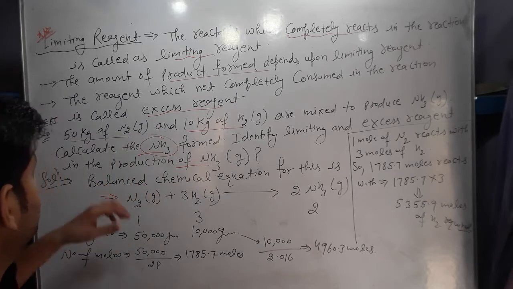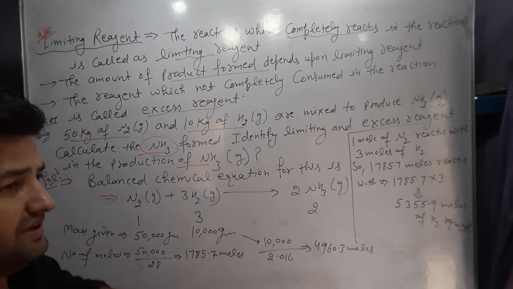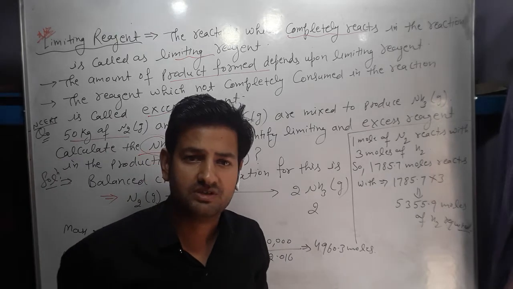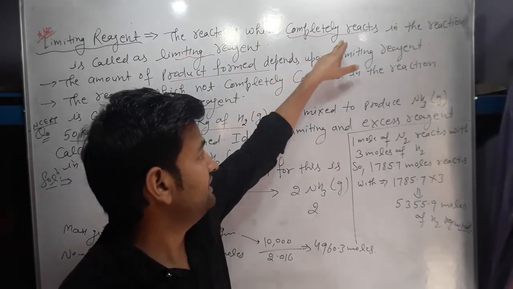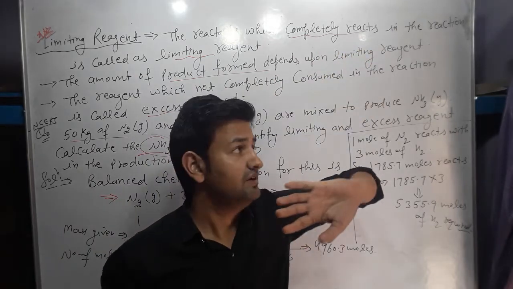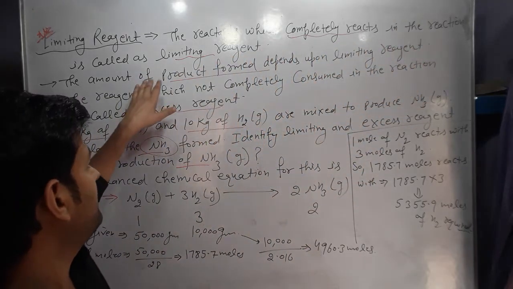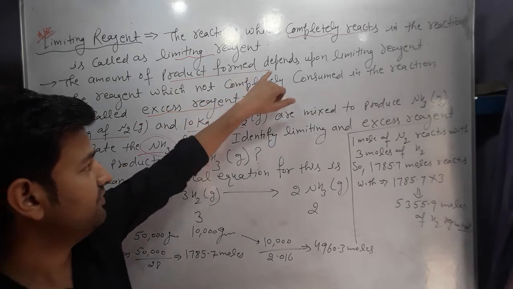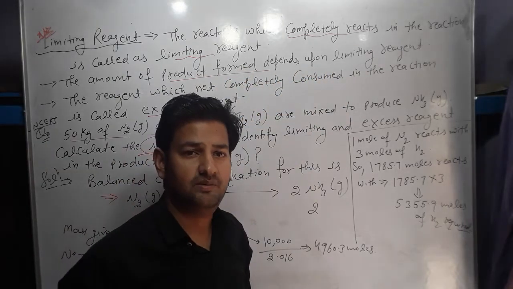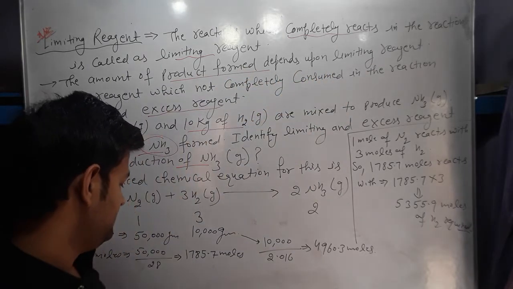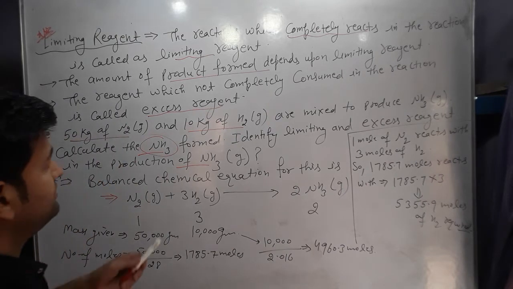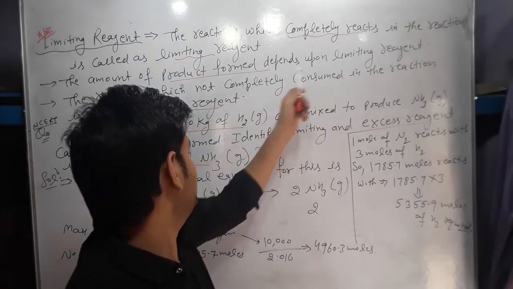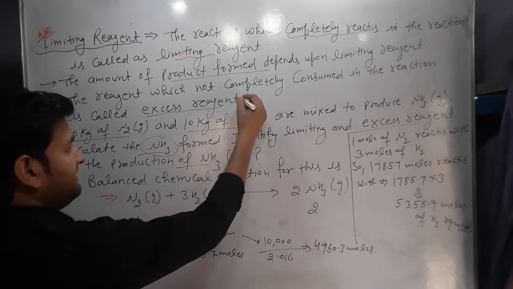First of all, what is limiting reagent? Limiting reagent is the reagent which is completely consumed in the reaction, and the amount of the product formed depends on the limiting reagent. The reagent which is not completely consumed in the reaction is called the excess reagent.